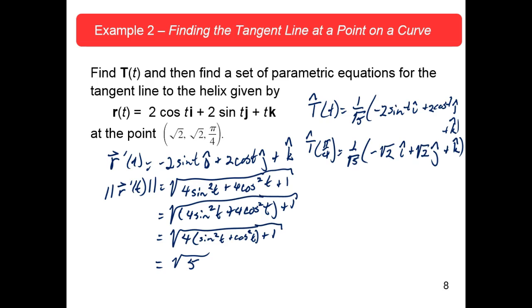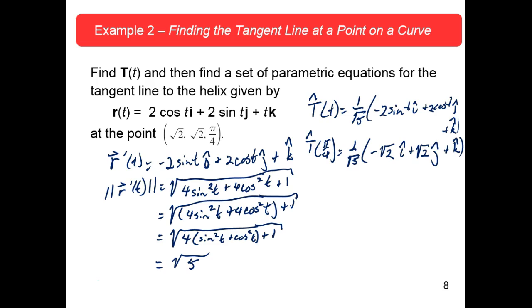So there's the first part. Find T of t. We did. Oh, we already did the first part. And then find the set of parametric equations for the tangent line to the helix given by this formula at the point there.